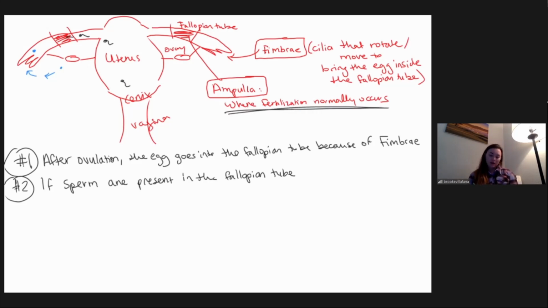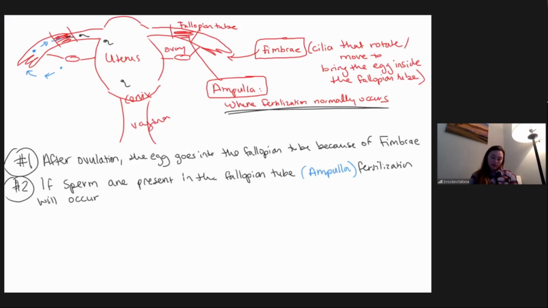They're waiting for that egg to come and join them. Does that make sense? So they're waiting in an ampulla. If sperm are present in the fallopian tube, so we'll write ampulla, fertilization will occur.